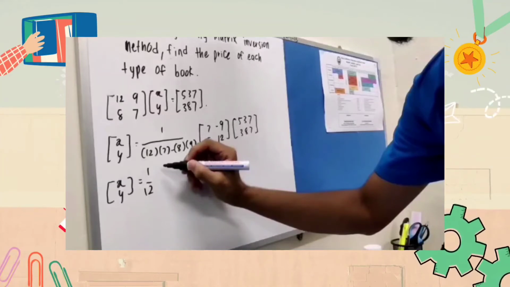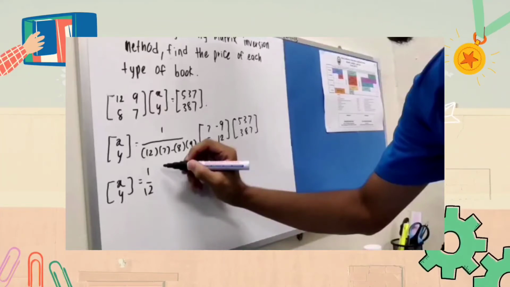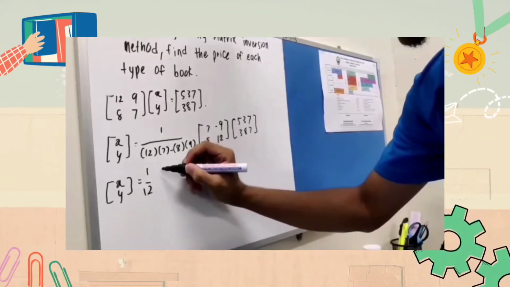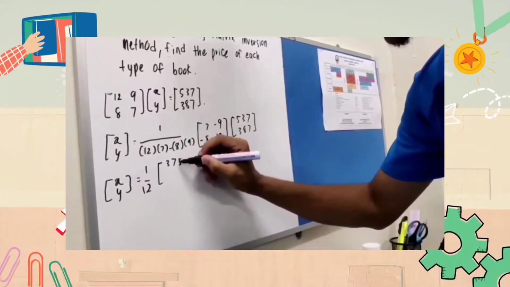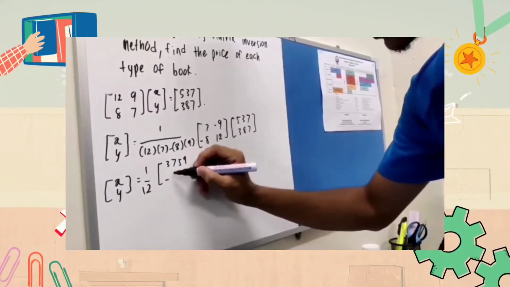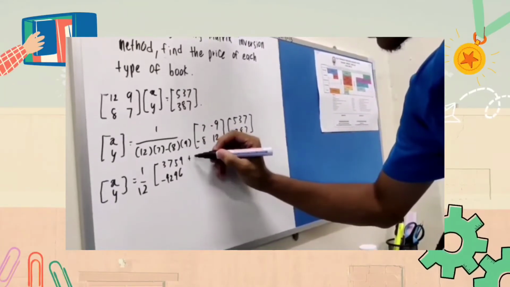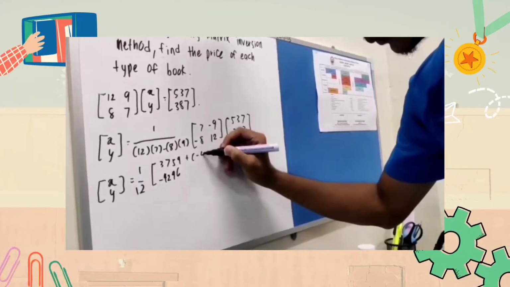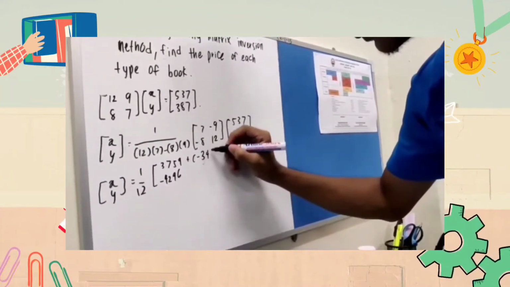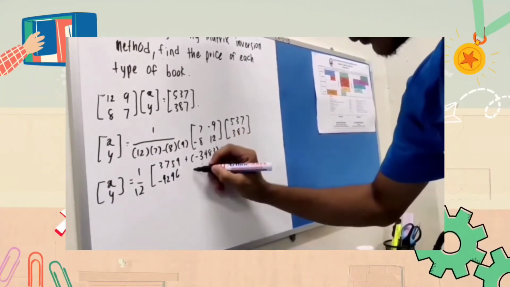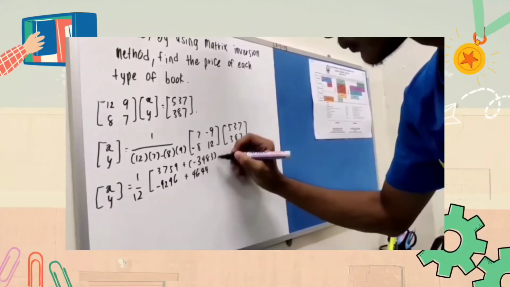The answer will be 12, and in the bracket 3,759 minus 4,296 and minus 3,348 plus 3,096, and the bottom is plus 4,644.